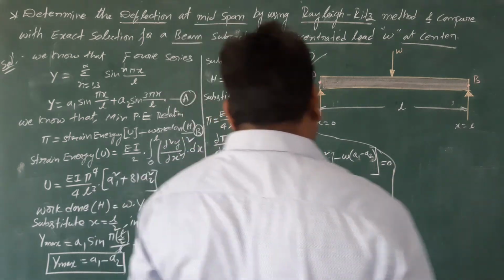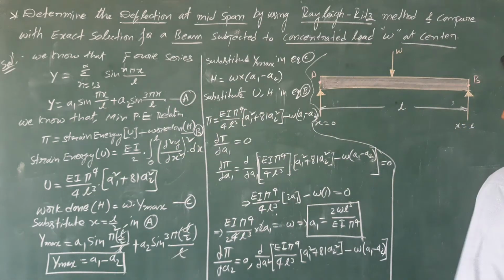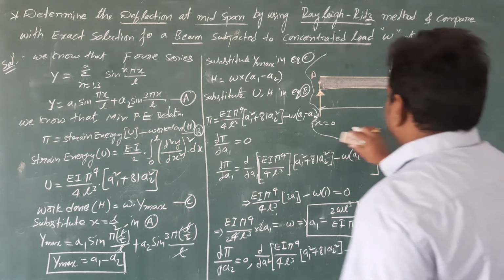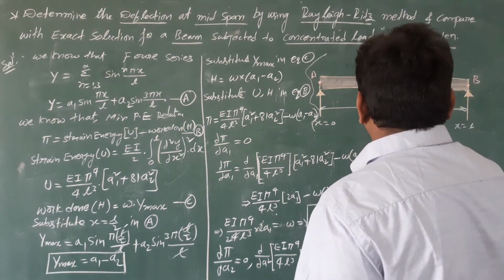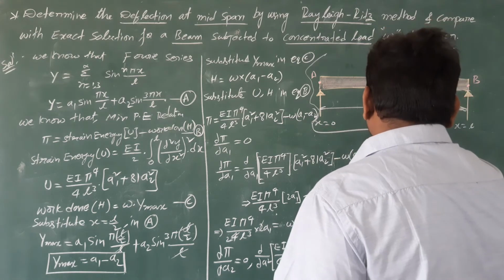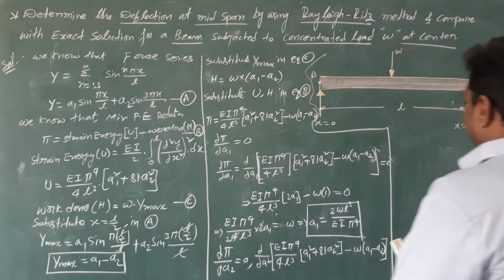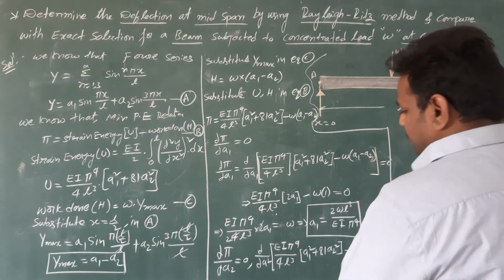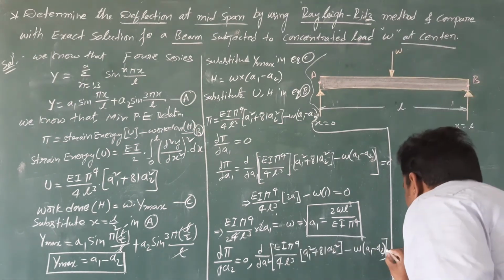This is the equation. So now differentiate the entire equation, it is equal to 0 here.